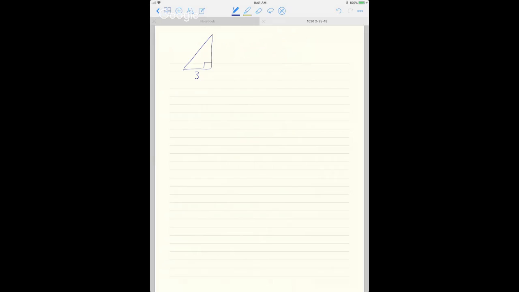The short leg is 3, the long leg is 4, and the hypotenuse is 5. This is going to have the same angles as a 6-8-10 triangle, as we discussed the other day, or any other multiples. So let's start naming angles. I call this theta and this phi.